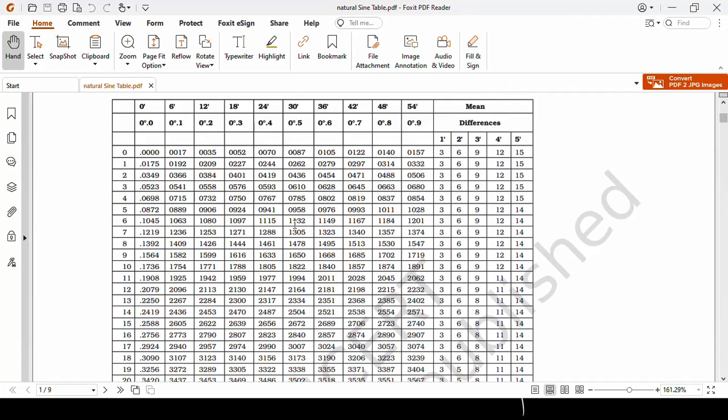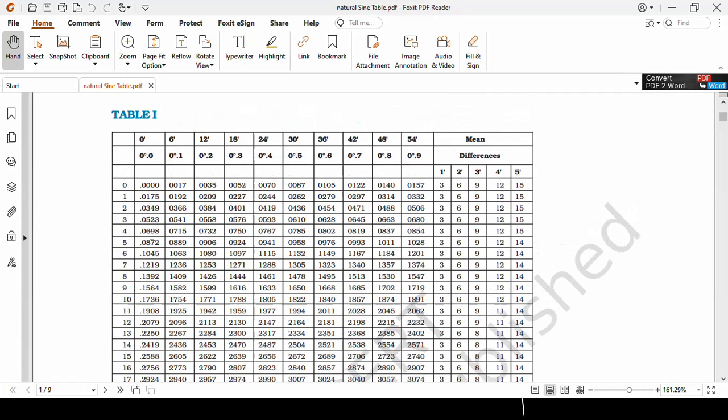Look at 1, 2, 3 within here. Here you have 0.1219 and here is 0.1236. So 0.123 is between this point and this point.